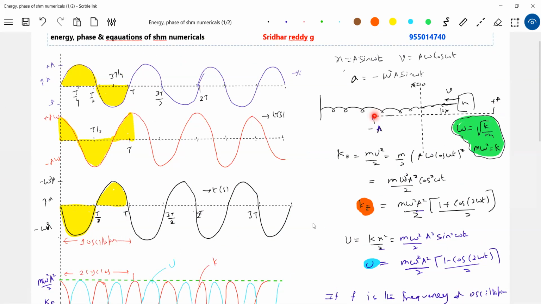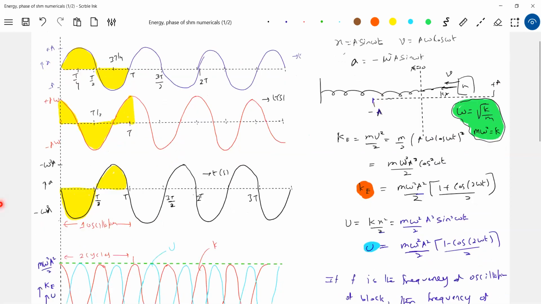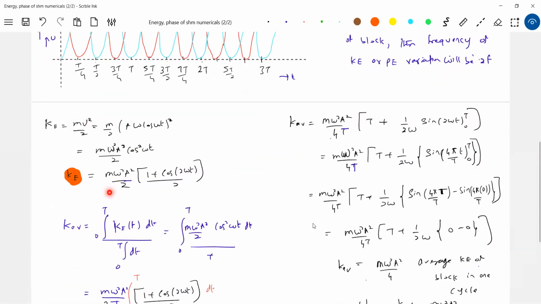I may ask you any of these things. So what you should do, there's a formula. Can you remember this? I introduced this in kinematics to find the average of any quantity, not only speed. Hope you can recollect what we discussed earlier.